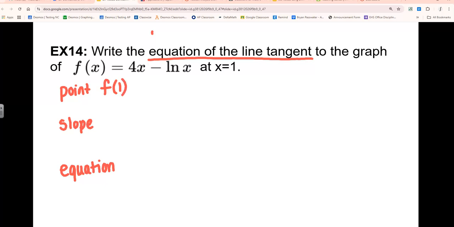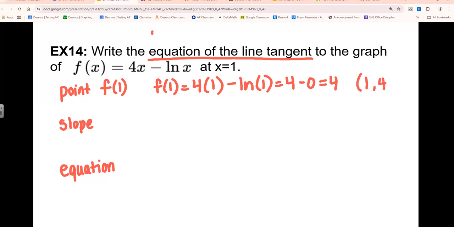You're just plugging into the original equation. So in this case, f of 1 would be 4 times 1 minus the natural log of 1. So 4 times 1 is 4. Anybody remember natural log of 1? 0. So you just get 4 for this. So our point is (1, 4).